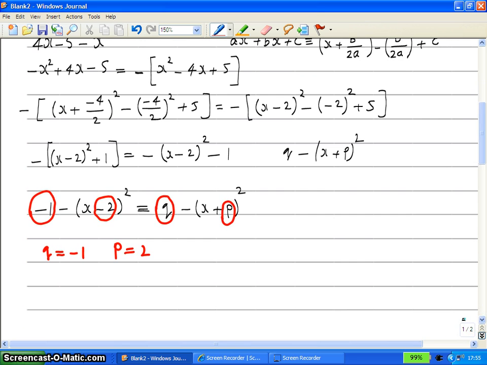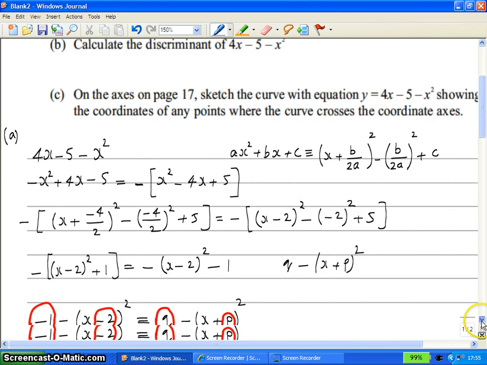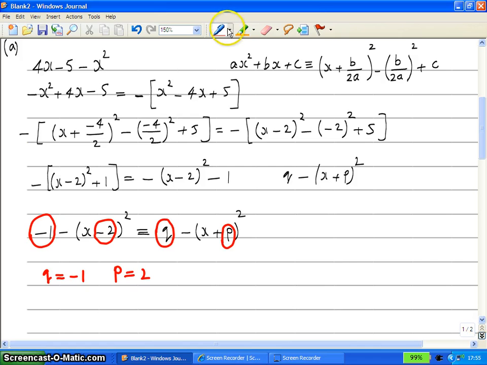That's part A. Okay, so let's go and do part B. Part B is asking us to calculate the discriminant of the same quadratic equation, minus x squared plus 4x minus 5.